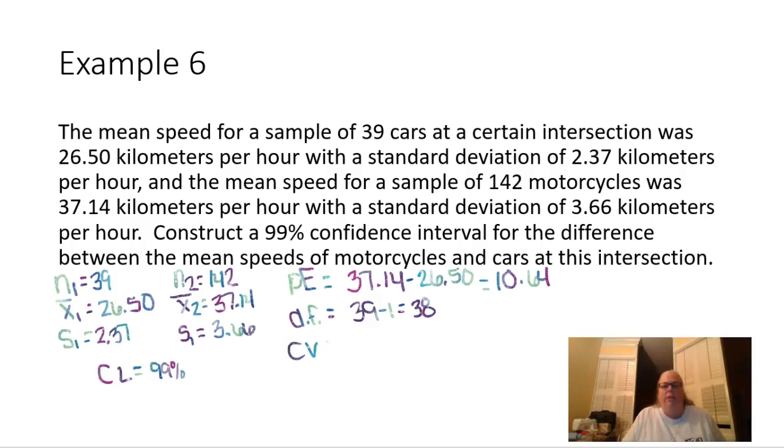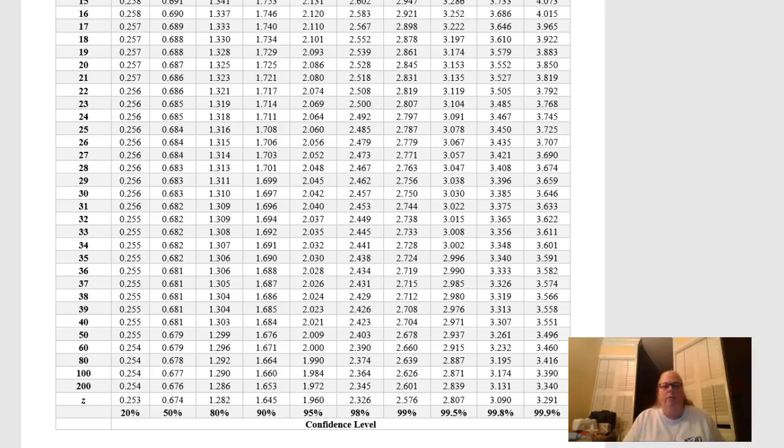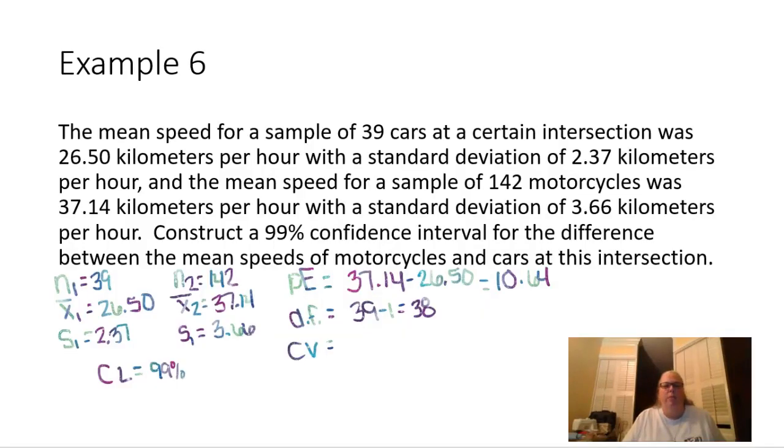The critical value, coming off of table A3, we're going to be on line 38 and the column 99%. We do have a line 38, so we're going to read across until we get to 99%. There it is. That looks like 2.712 for our critical value.